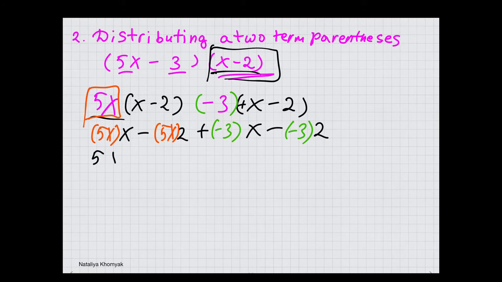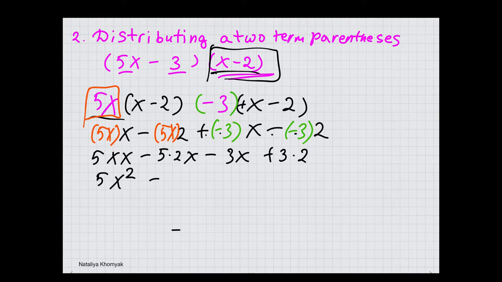So we have 5x times x minus 5 times 2 of x, positive times negative, negative 3x, negative, negative, positive 3 times 2. Now we have 5x to the second minus 10x minus 3x plus 6.